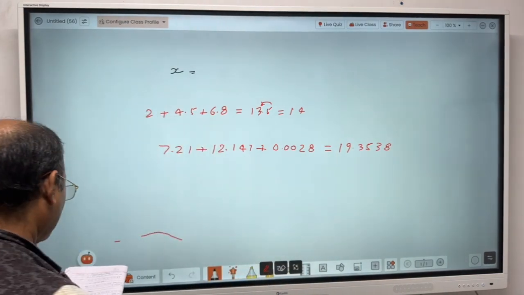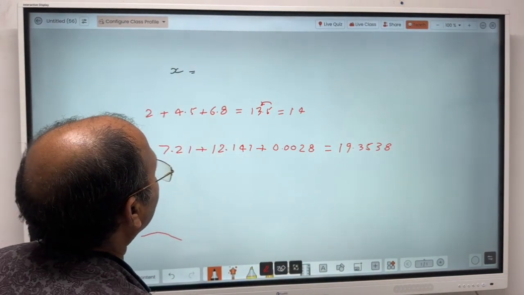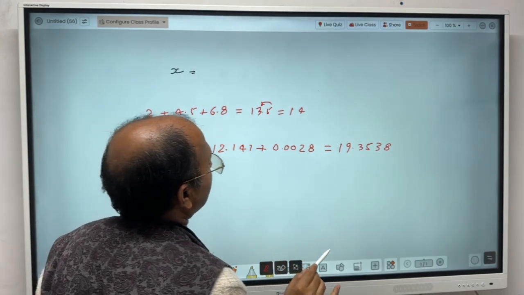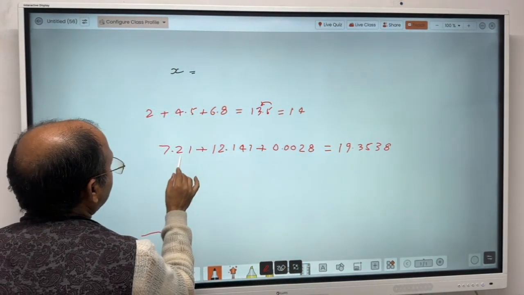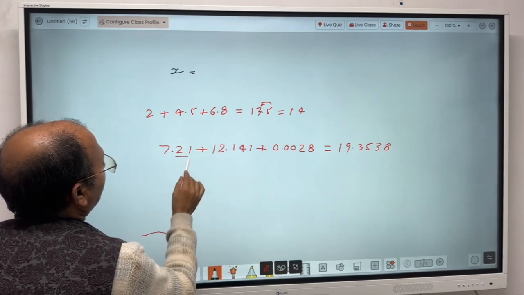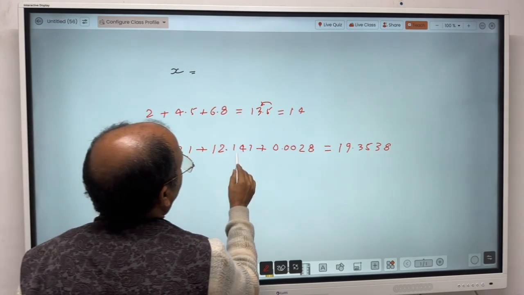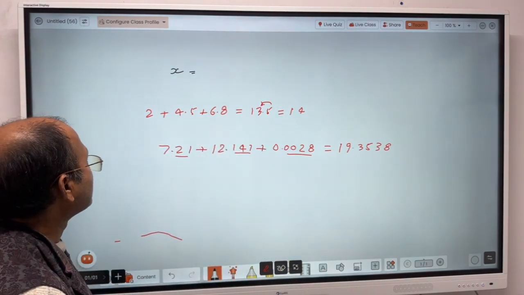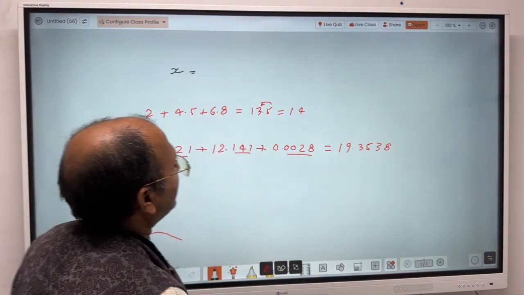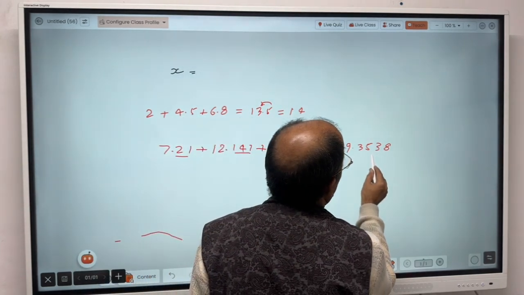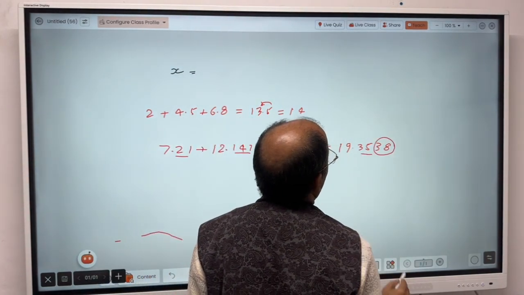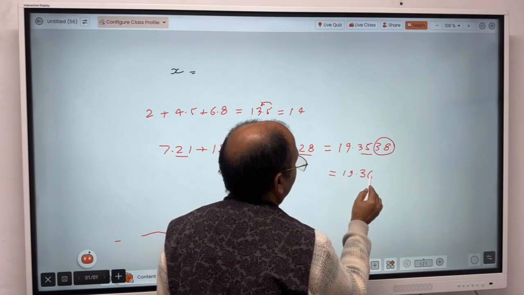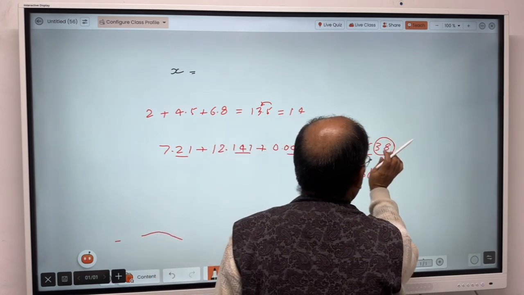Now, in such cases where decimal is present, we have to take the least number of decimal places. Here there are 2 places after decimal, here 3 places, here 4 places. So our answer should be restricted up to 2 places of decimal. So we have to take up to here. These 2 digits must be ignored. So our answer will be 19.35.